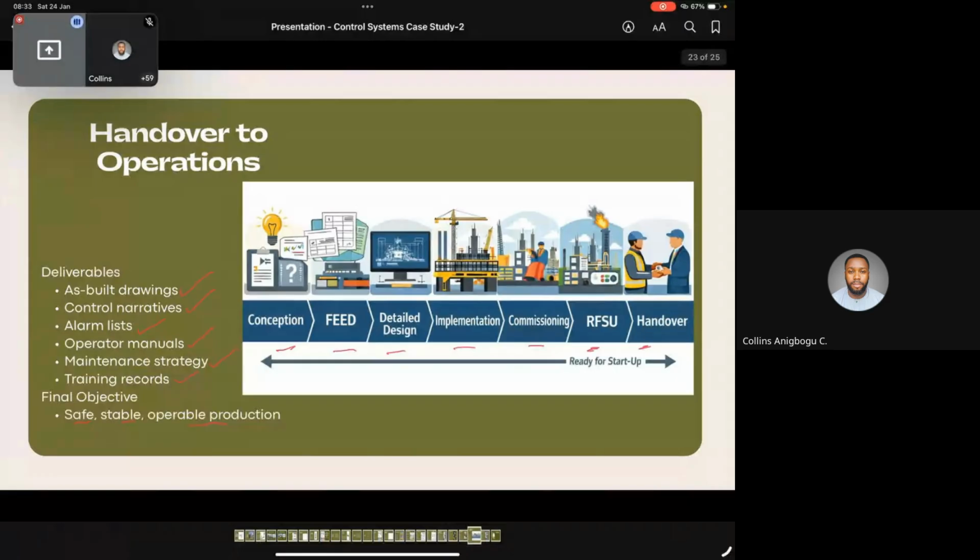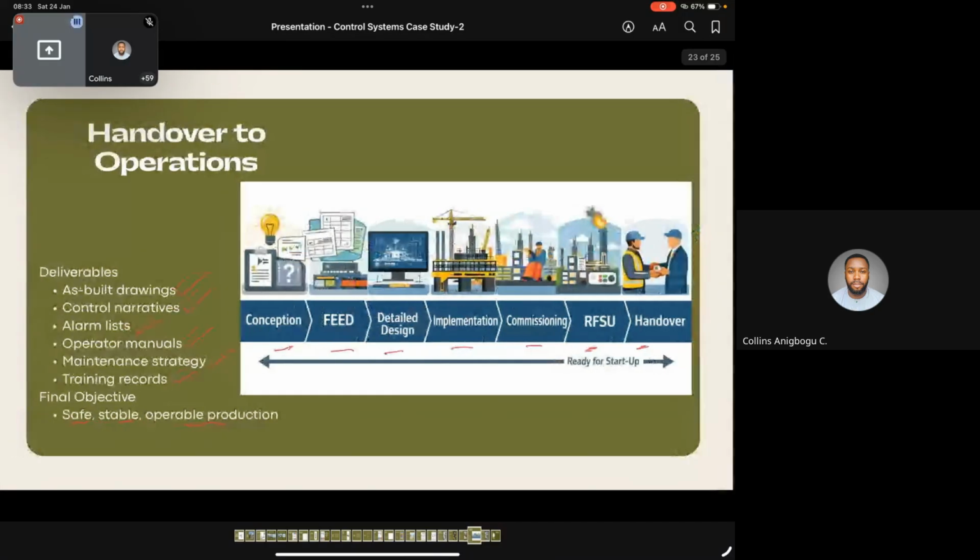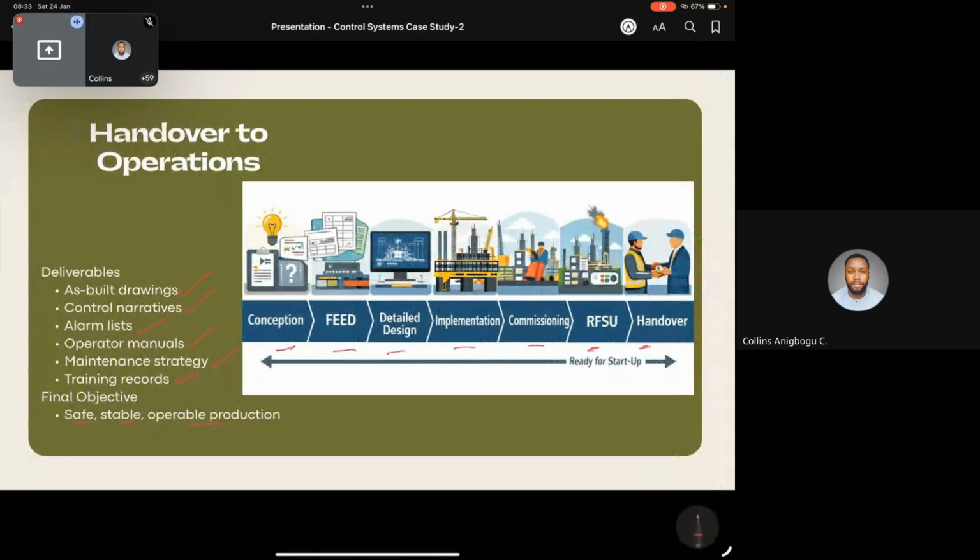There are professionals on projects like this that we call design engineers. All their job sits in this place. They do design.